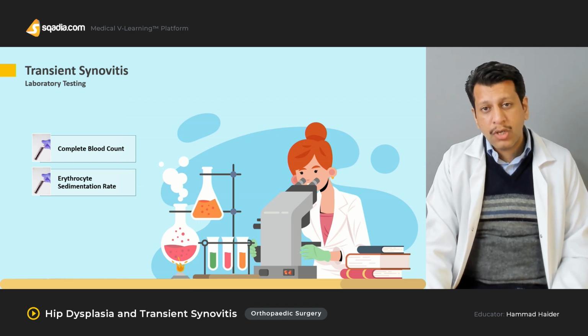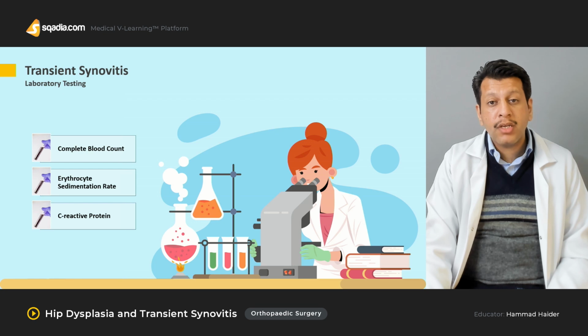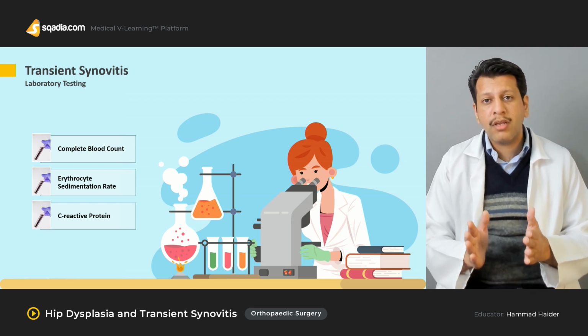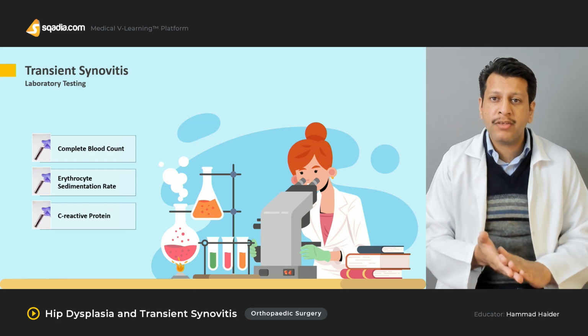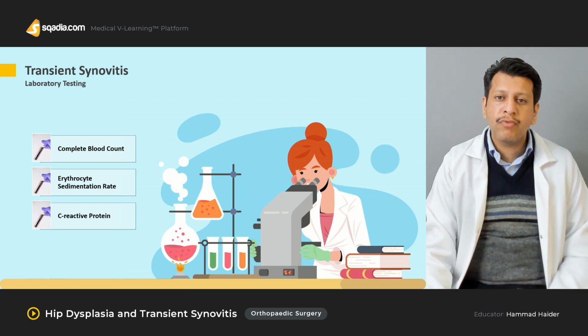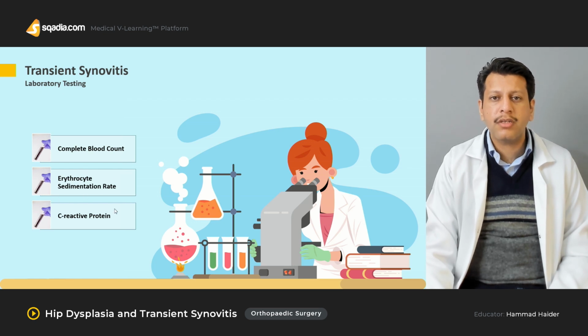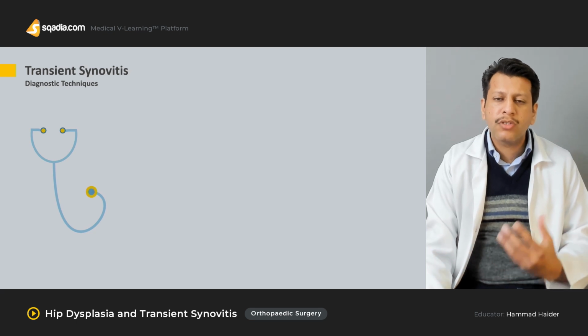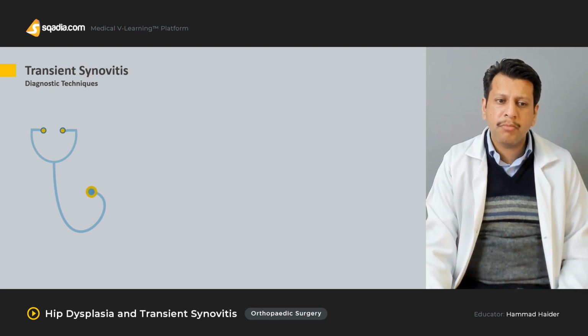ESR is usually normal. C-reactive protein is usually normal. If there had been some form of infection or osteomyelitis, you would see a rise in the TLC or lymphocytes, a rise in the ESR, a rise in the CRP. But in case of transient synovitis, usually they are within normal limits.